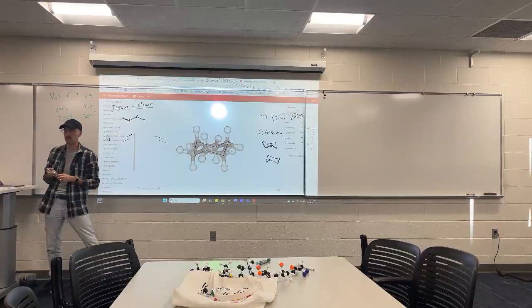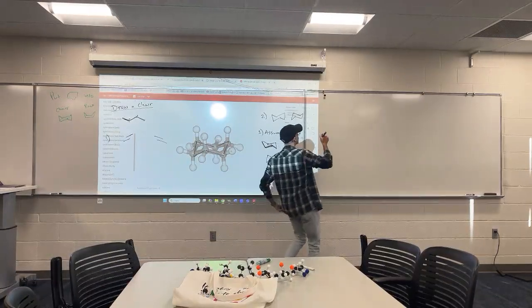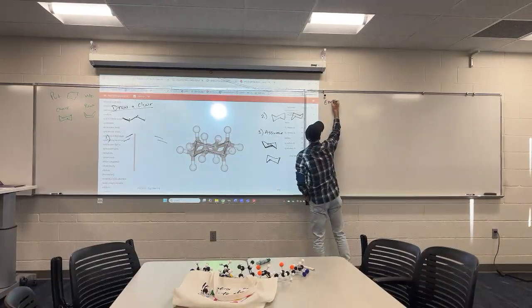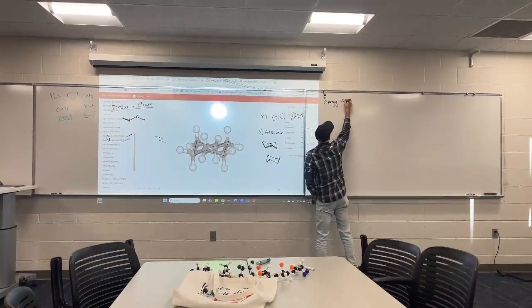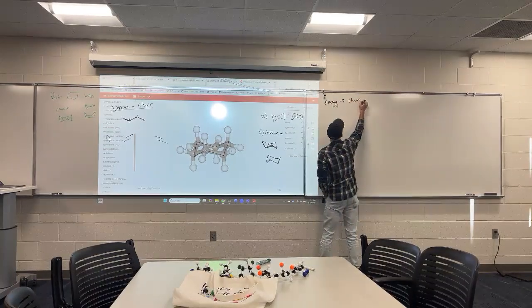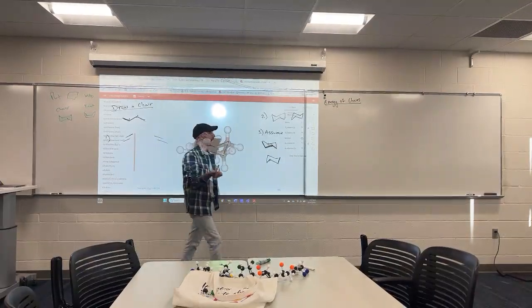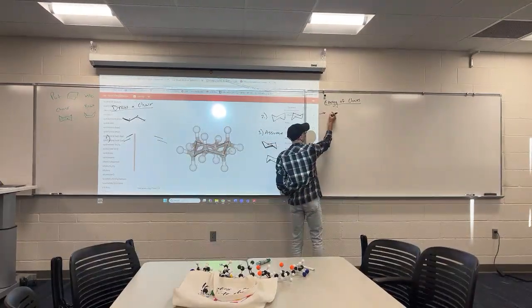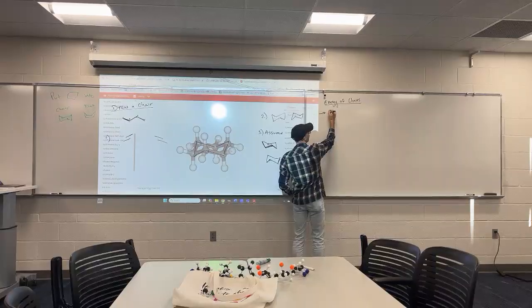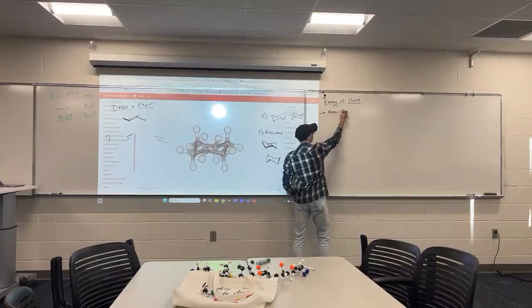Okay. So let's look at the energy of chair conformations. First, I want to look at what if there is just one substituent.